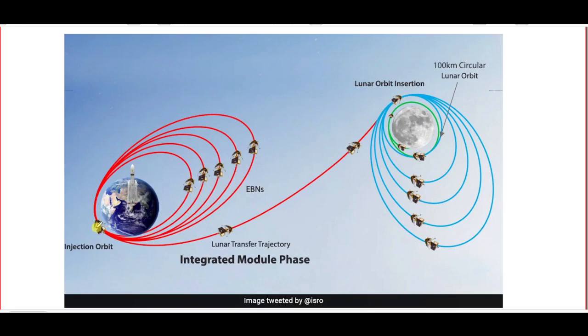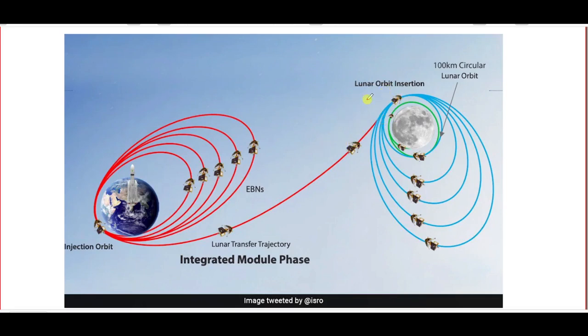And then when the time was right, remember, you have to ensure that the moon would be in its right position by the time the lunar transfer trajectory, which is effectively a Hohmann-like trajectory, carried your satellite to the moon's position.